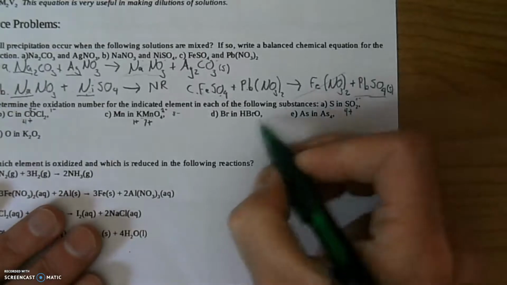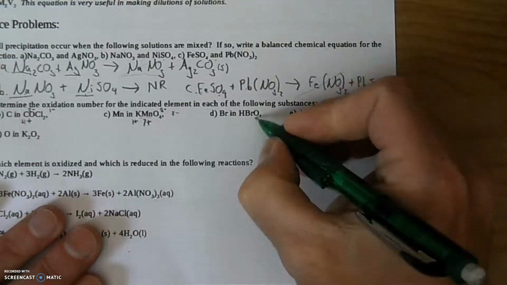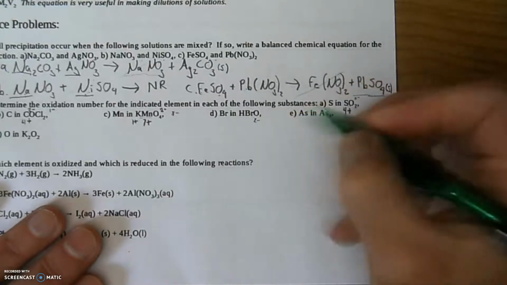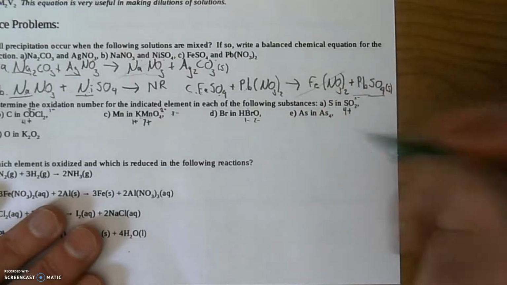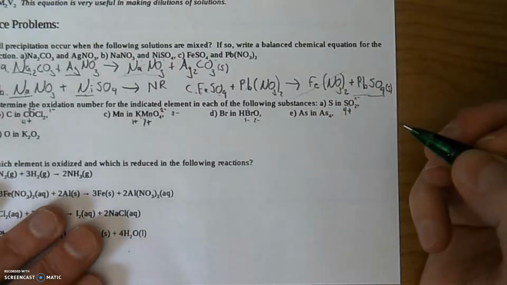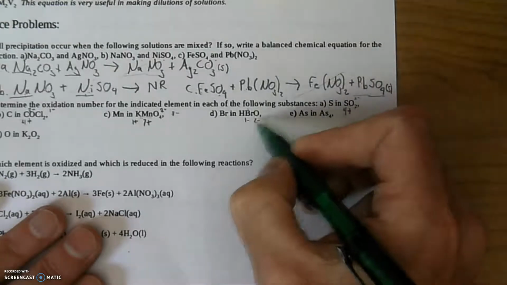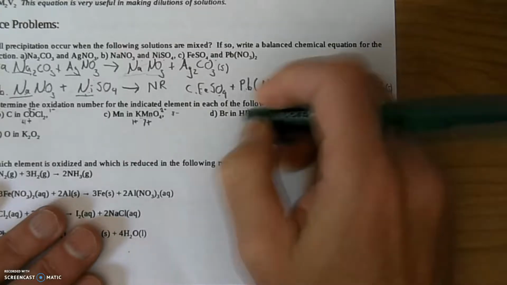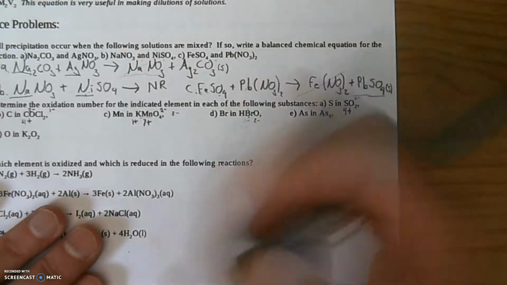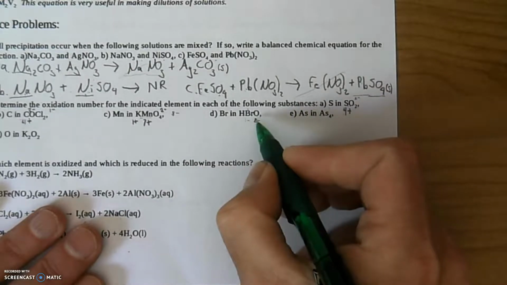All right, in this compound, oxygen, 2- each, only have 1. Bromine, generally, -1. And if we look over at the, well, I take that back, excuse me. For this particular example, bromine is actually going to be the one we're looking at. Bromine can vary. So oxygen is -2.